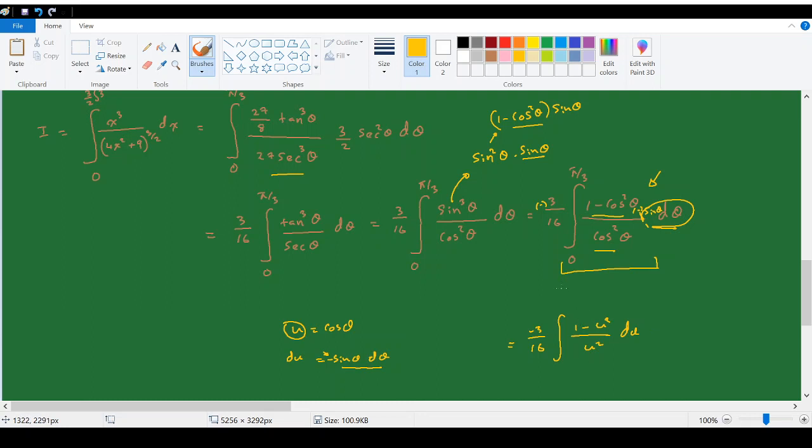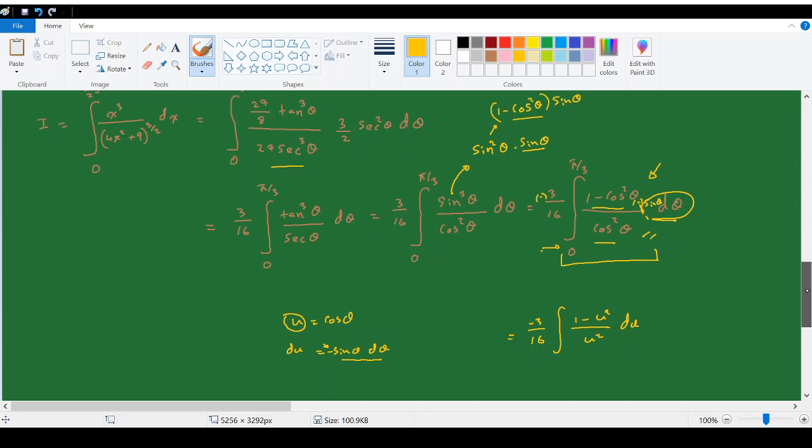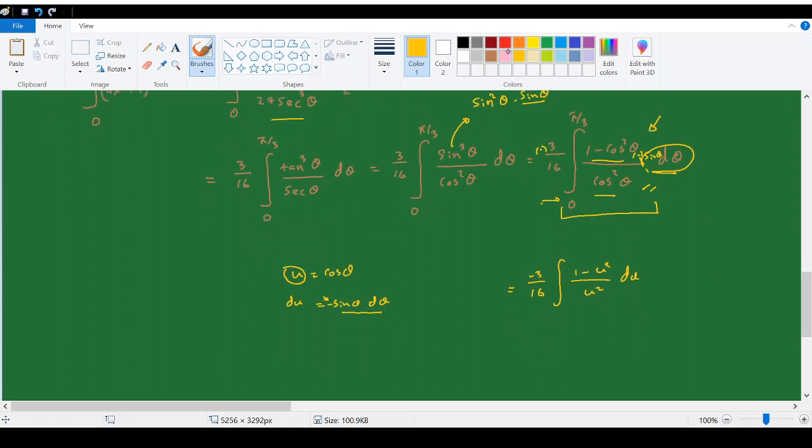And then still it's not over, because now this integral was in terms of theta, right? These limits are with respect to theta, but now as we have converted our integral in terms of u, we should find the appropriate lower limit and upper limit, right?